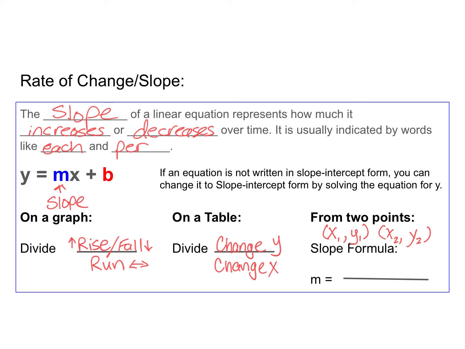So when you see these little bitty 1s and little bitty 2s, they're just telling you which x and which y to use. It is not an exponent, so don't mix that up. So the slope formula goes like this: y2 minus y1 divided by x2 minus x1. So we're going to practice some with all of this throughout this lesson.